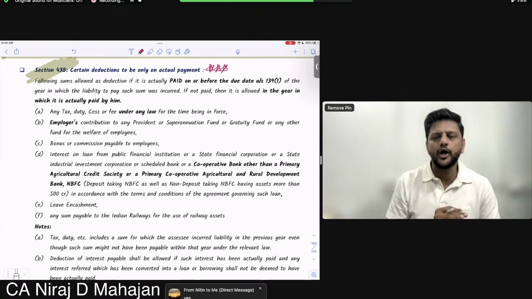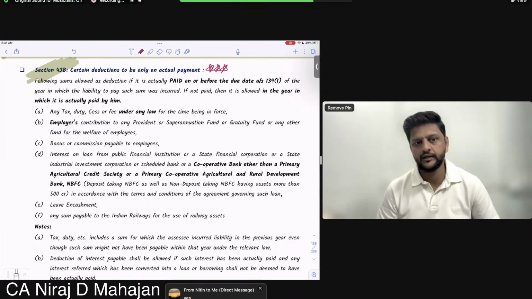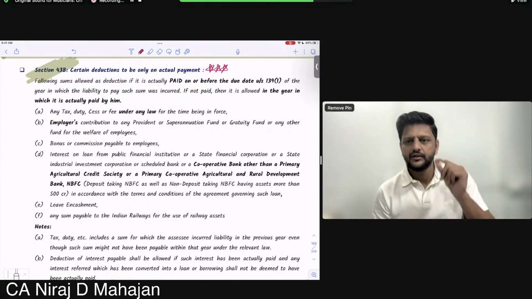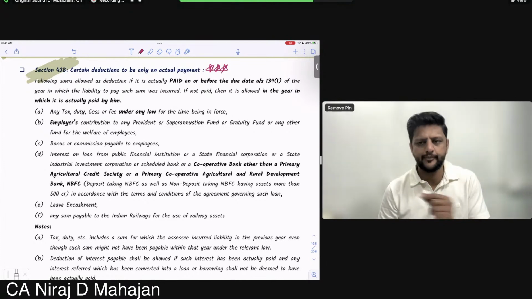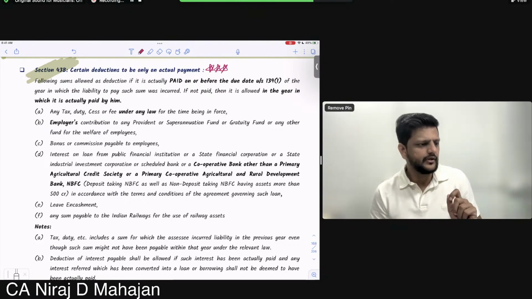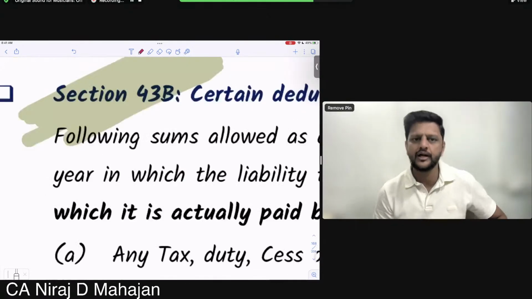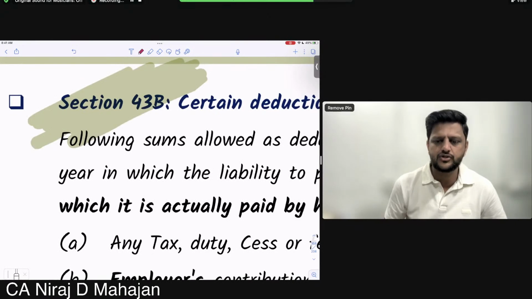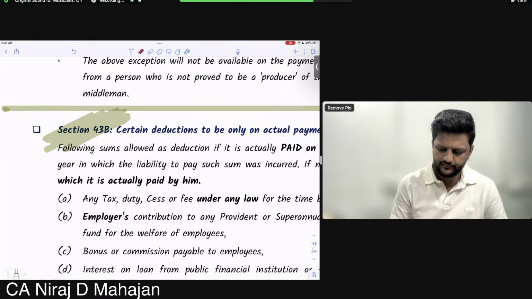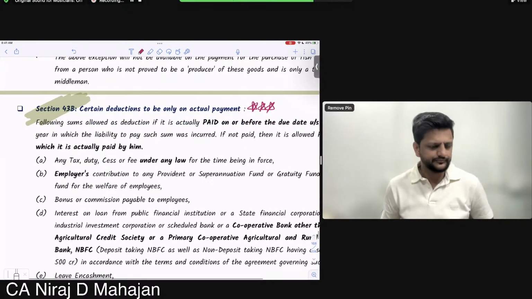I will still not get a deduction until they are actually paid. Again I'm repeating, these items are in P&L debit, maybe as provision. But we will not get the deduction unless they're actually paid. Understood? Clear till here?